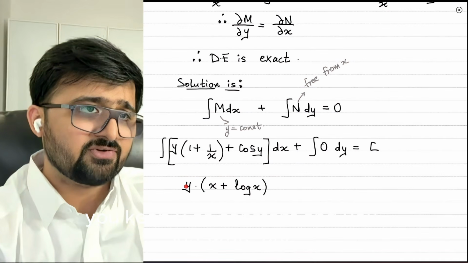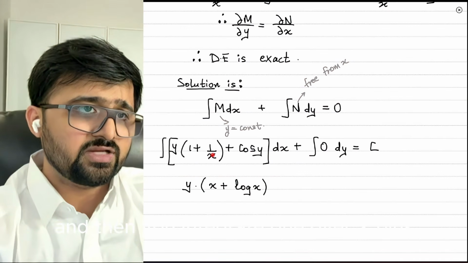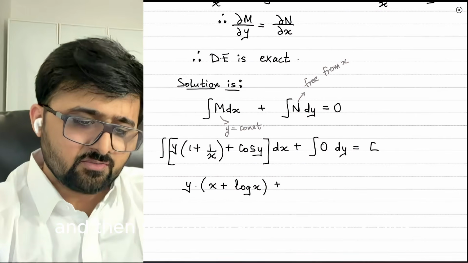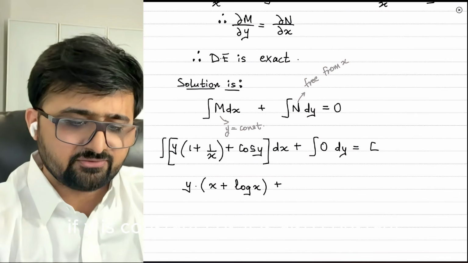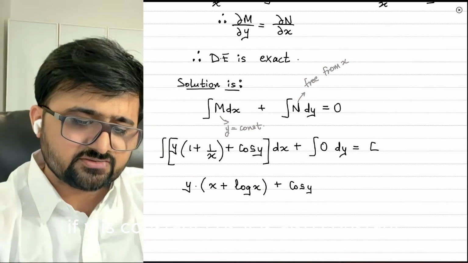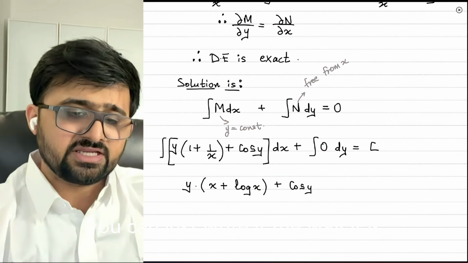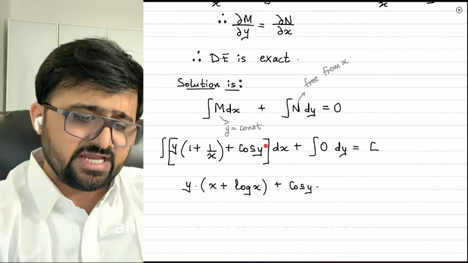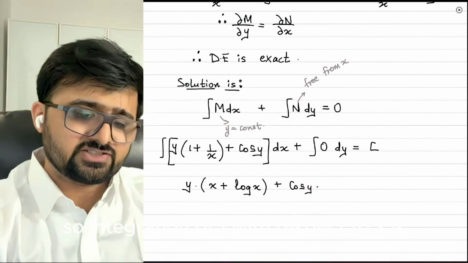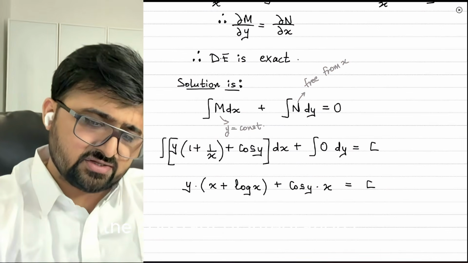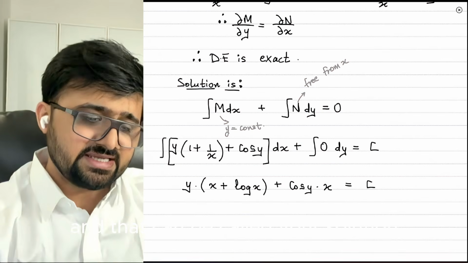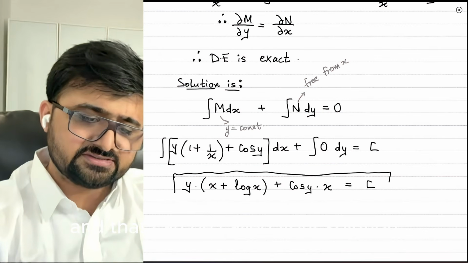Plus the integration of cos y with respect to x. Remember, y is constant, so cos y is also constant; you don't have to integrate it, you just write it the way it is, and what's left is 1. So the integration of 1 with respect to x is x, equal to the constant c, and that can be called your solution.